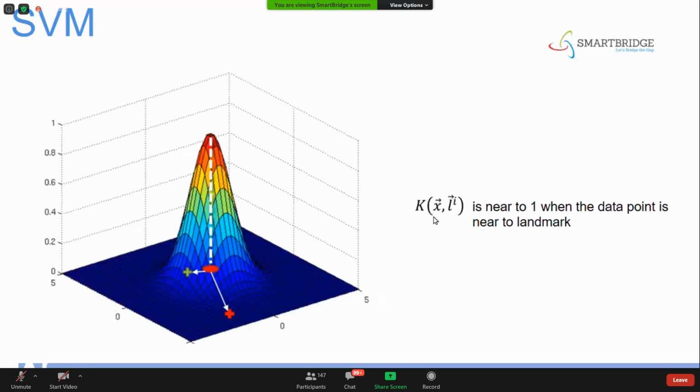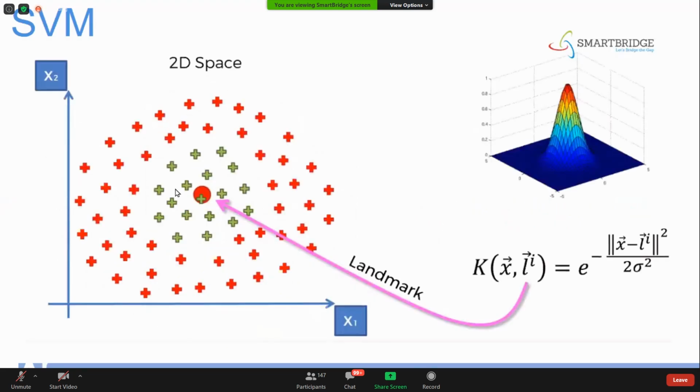So whenever you apply this function to all the values and substitute this formula, the k value will be either 1 or 0. 1 means very near, 0 means very far. Based on these functions, these values are shifted upwards.